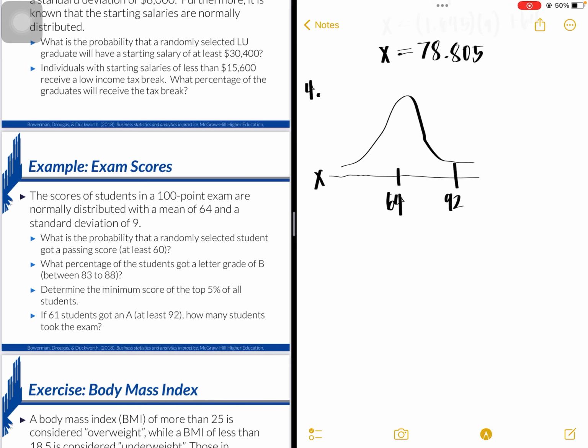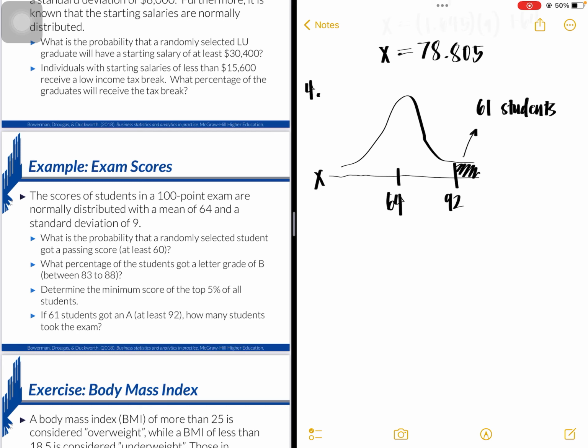So let's say this is 92. This area here represents the students who got an A, and according to the problem, that's a total of 61 students. Unlike the previous problems, we were not given that area. We just know that 61 students in total got an A.